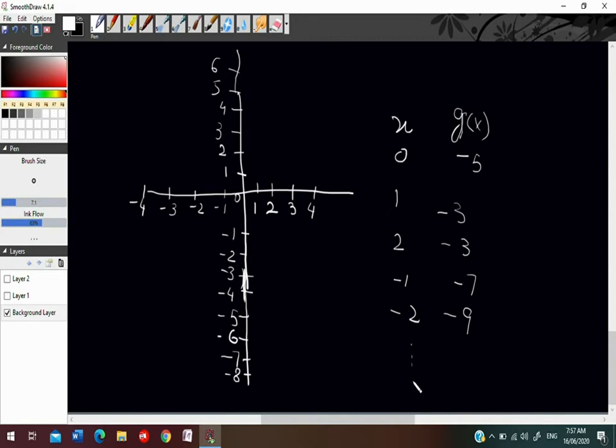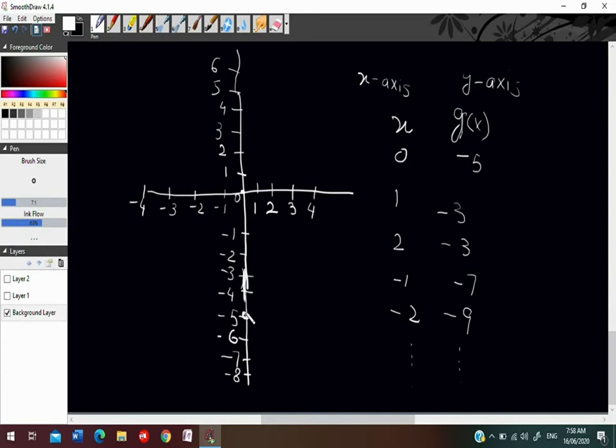So this x shows our x-axis, and this g of x represents our y-axis, right? On the x-axis, when x is equal to 0, g of x gives us minus 5. So this is our first value.